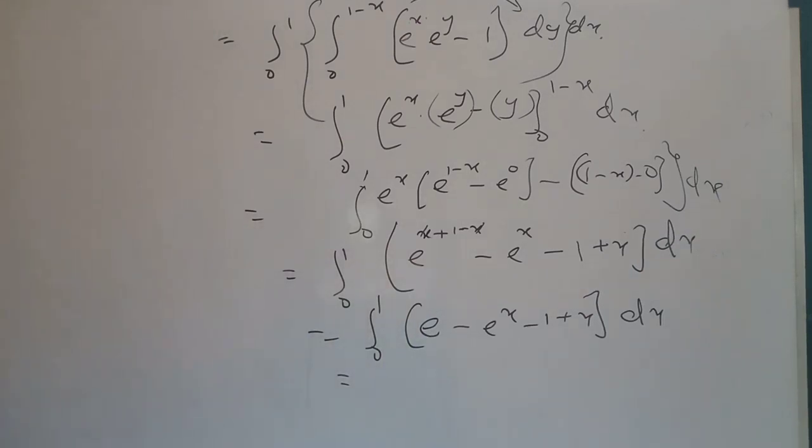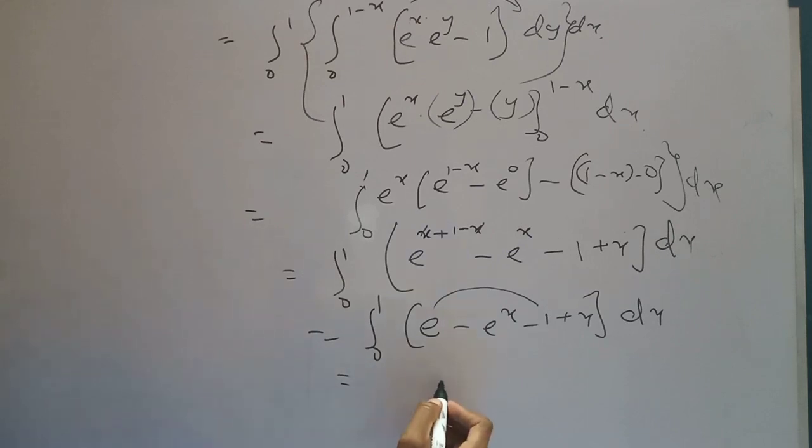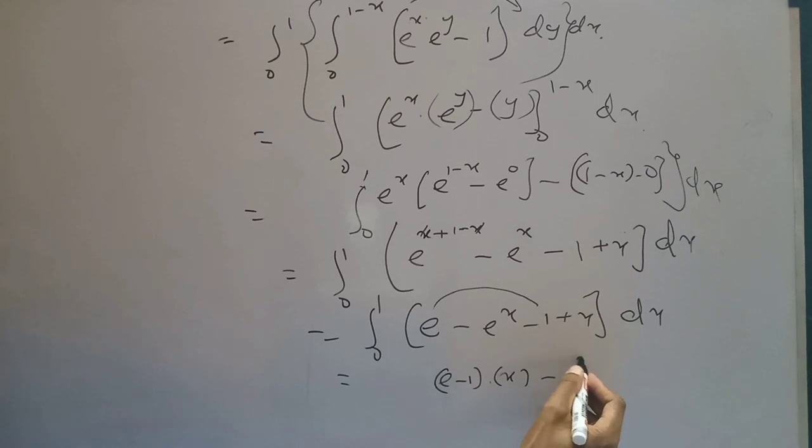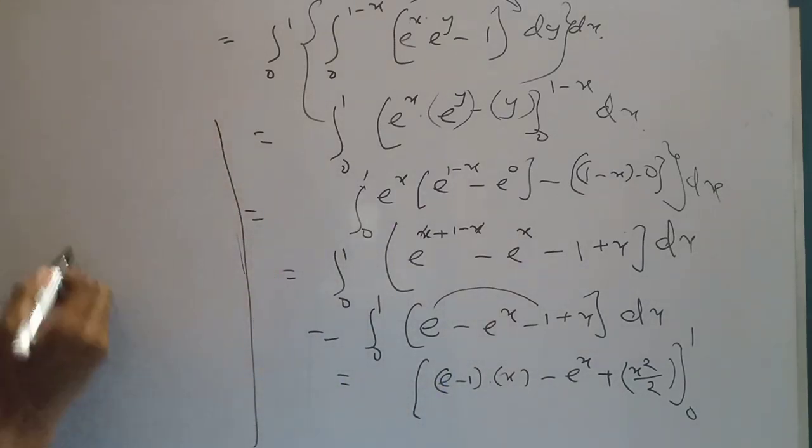Now integrate with respect to x. This e minus 1 is a constant. So e minus 1 integrated with respect to x, minus the integral of e power x, which is e power x, plus the integral of x, which is x square by 2, with limit 0 to 1.